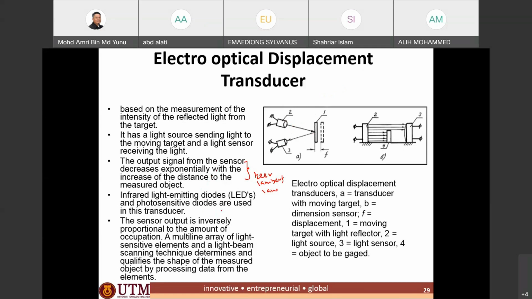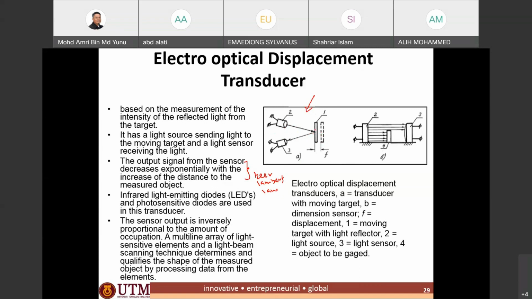Okay, so it can be used as a displacement transducer. For example, in the case here, the transmitter and receiver are placed towards a reflector. As the reflector moves away, the total path will increase.